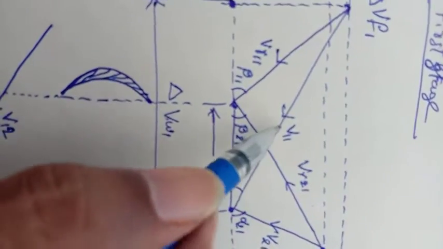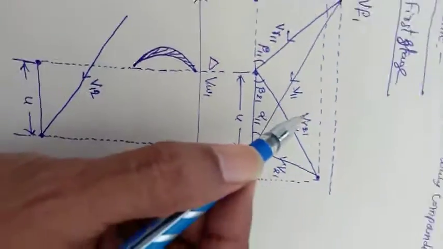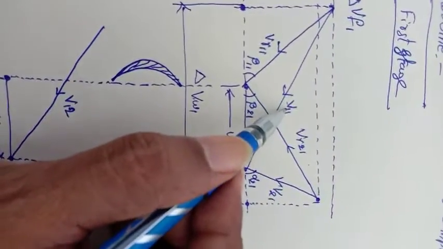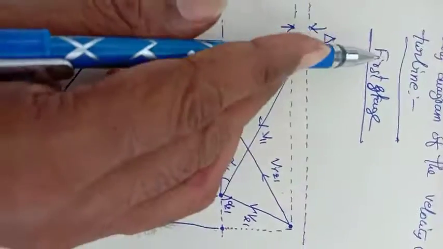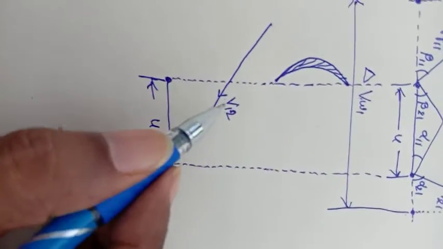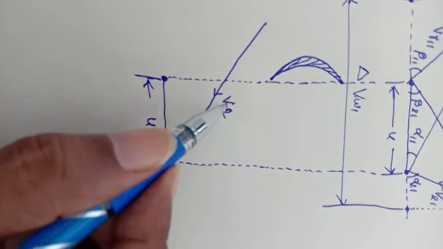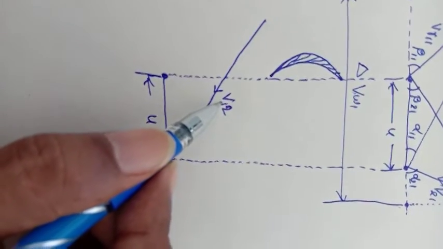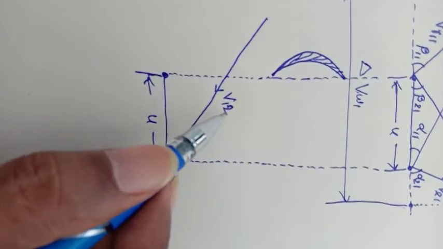In here this is also absolute flow velocity, but it is coming from the first stage, so I put 1. Now I put absolute velocity V1 and stage 2.